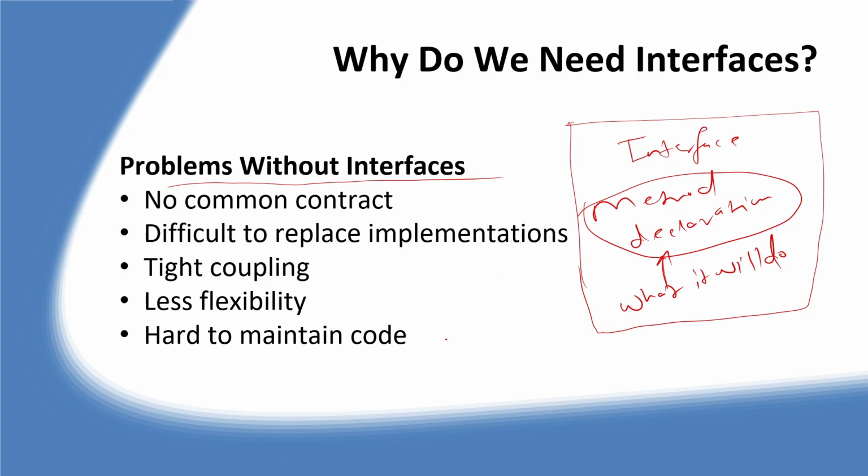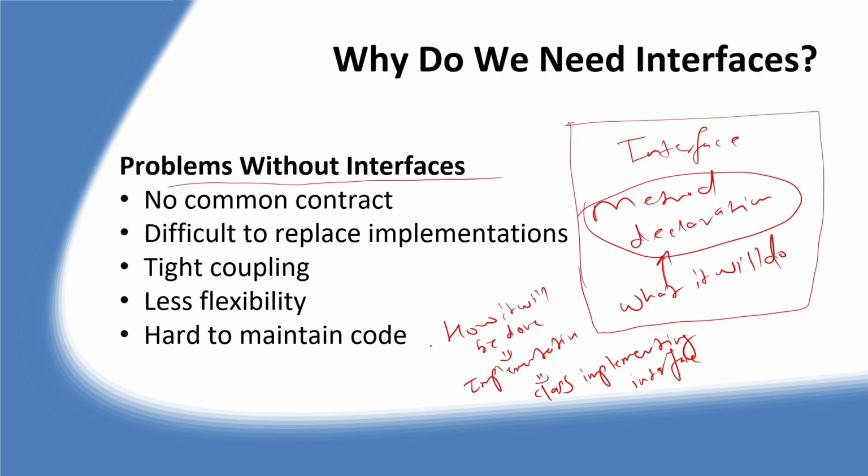And who will provide how it will be done? That is the method implementation. The implementation will be provided by the class which is implementing the interface. So this is the how part.